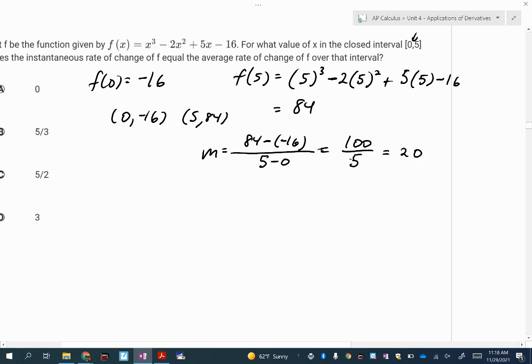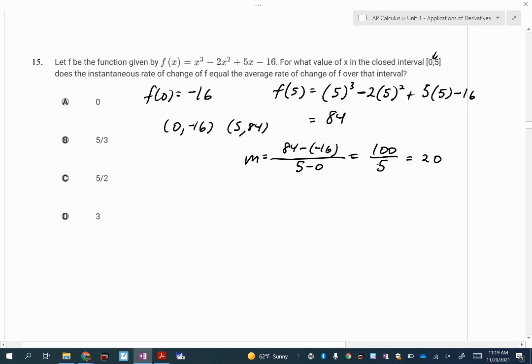So I'm trying to find values in this interval that are going to make the derivative of this original function become 20. I'm looking for the same slope of 20 for my values in between, for the tangent line. So I need to find the derivative. So f prime of x, which is d/dx of x cubed minus 2x squared plus 5x minus 16.